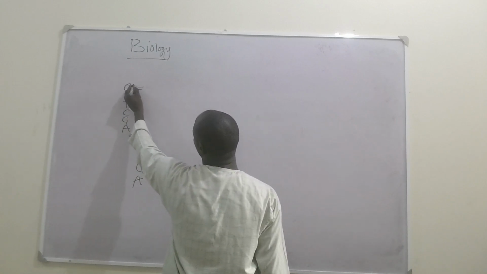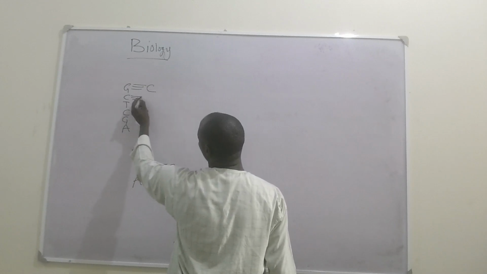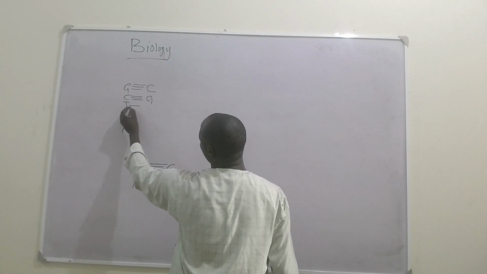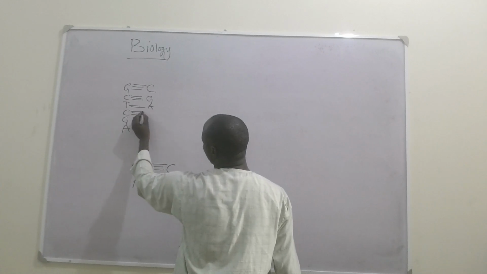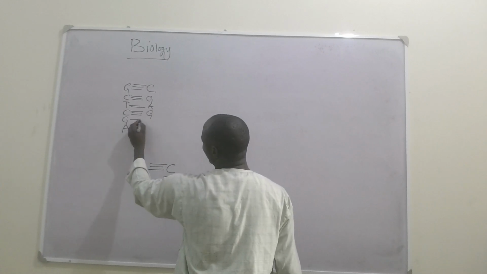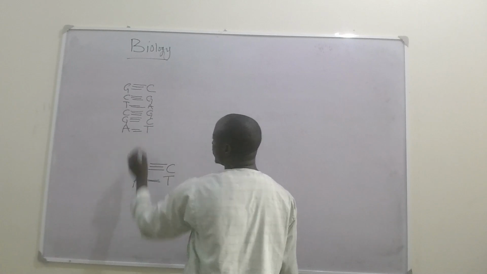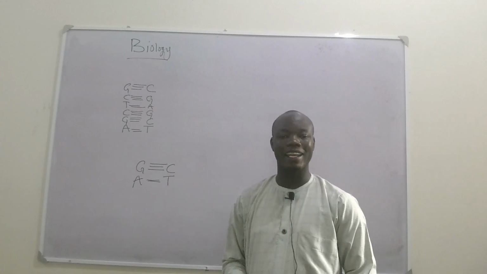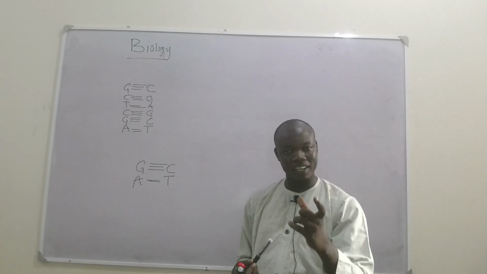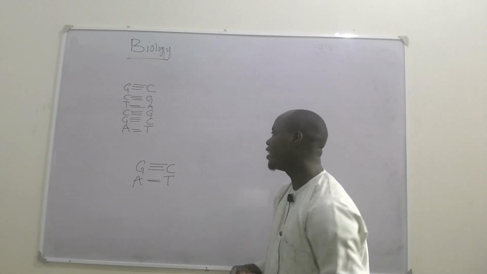So we have guanine here, so it will pair with cytosine, and then cytosine here will also pair with guanine, and then thymine here will pair with adenine with 2 hydrogen bonds, and then cytosine pairs with guanine, and guanine pairs with cytosine, and then adenine pairs with thymine. This is how the DNA has a ladder structure. The structure of DNA is double-stranded, and it appears like a ladder.